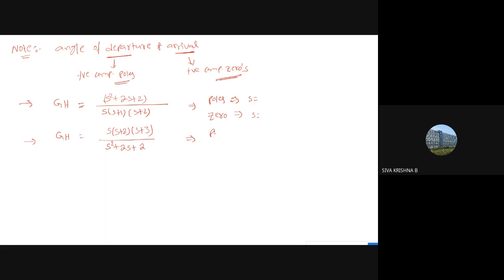Here also tell me poles and zeros. First of all, tell me in the transfer function C by R, where are the zeros and where are the poles for this plot? Numerator or denominator? I am asking. Problem number 68.